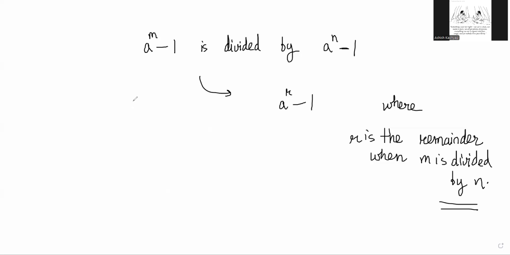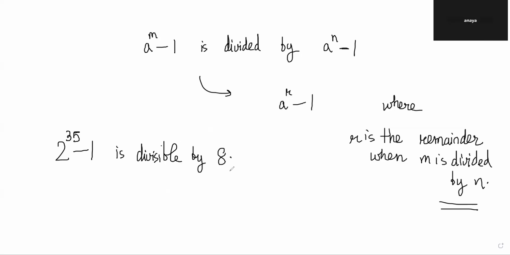The other result that we got was, if you want to see whether some 2 power 35 minus 1 is divisible by some number, let's say 8, basically you have to find the smallest n where 2 power n minus 1 is divisible by 8.